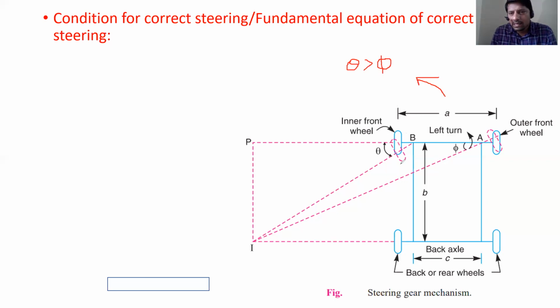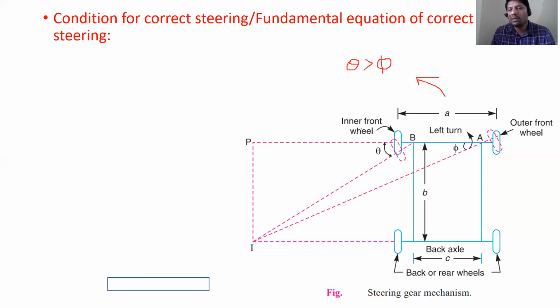It is desired that all the wheels, front wheels as well as back wheels, should turn about the same ICR point, in order to avoid skidding of the vehicle or slipping of the wheels sideways.